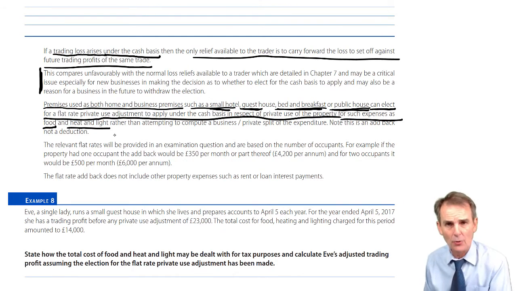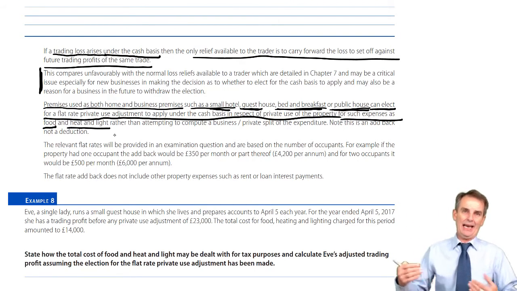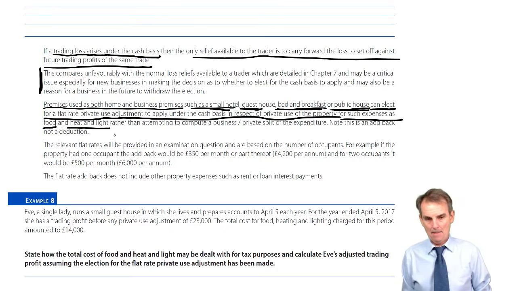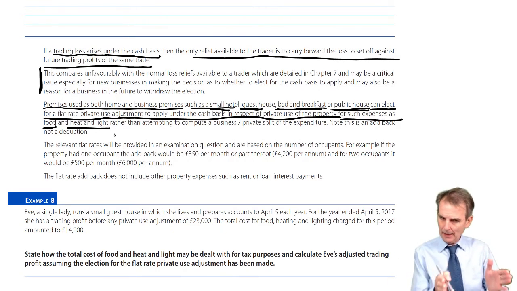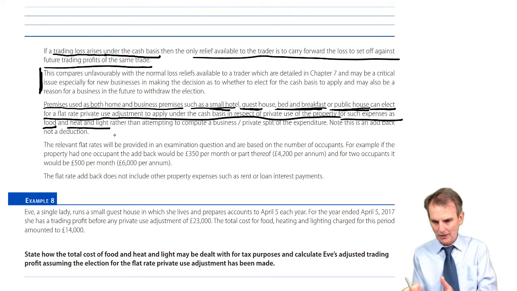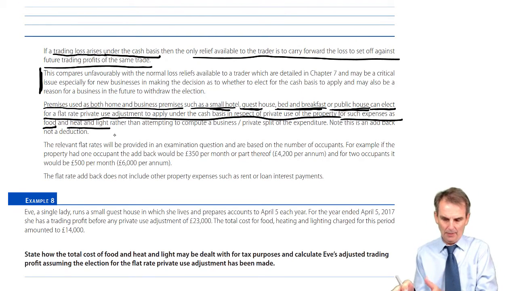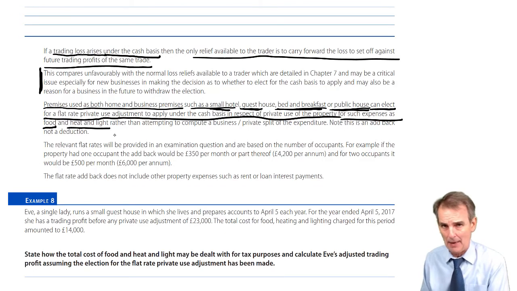Food is another one if you're talking about, again, something like a small hotel, guest house, bed and breakfast there. And rather than trying to work out exactly what bit of heat and light expenditure, what little bit of the food and drinks expenditure relates to private use by the individual there, and what is business, rather than doing that, we can go with a flat rate add back.